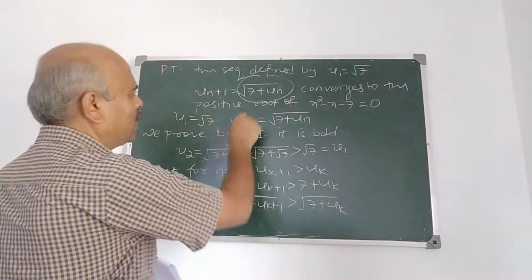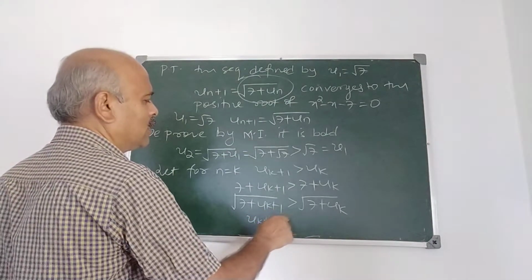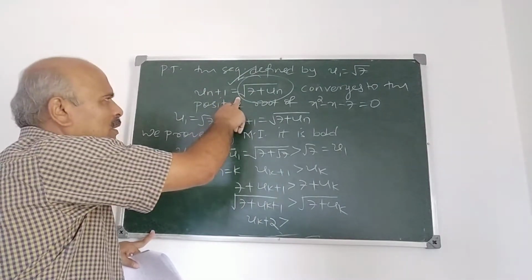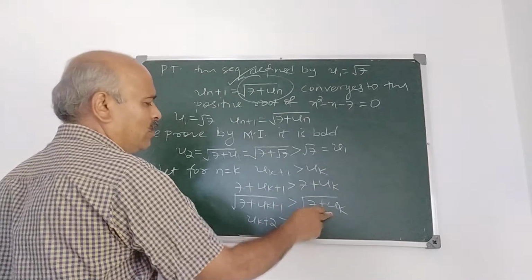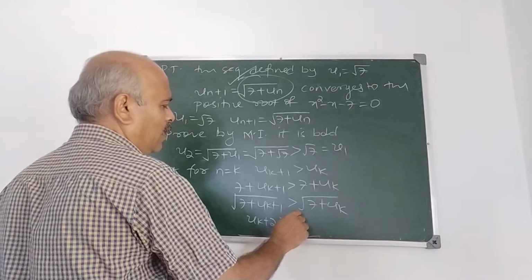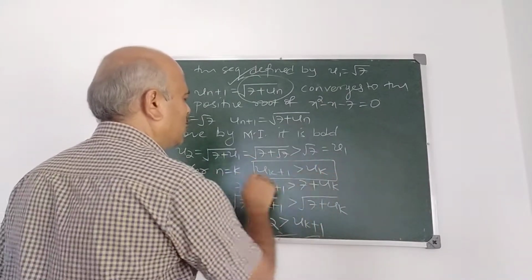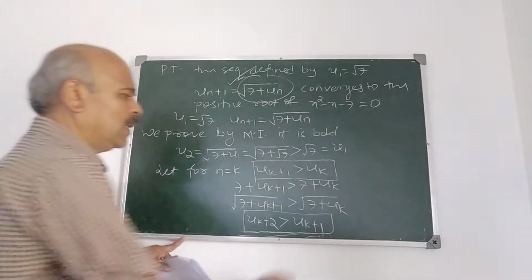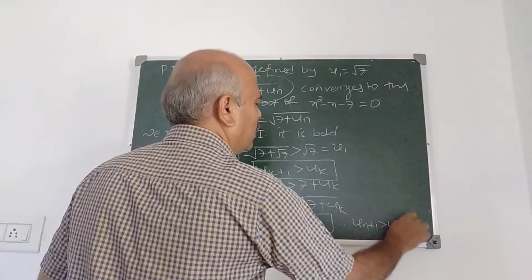Therefore, what is root of 7 plus u_{k+1}? It is u_{k+2}. What is root of 7 plus u_k? By definition, root of 7 plus u_n is u_{n+1}, so it is u_{k+1}. Therefore, u_{k+1} greater than u_k implies u_{k+2} is greater than u_{k+1}. Therefore, by induction, u_{n+1} is greater than u_n for all n.